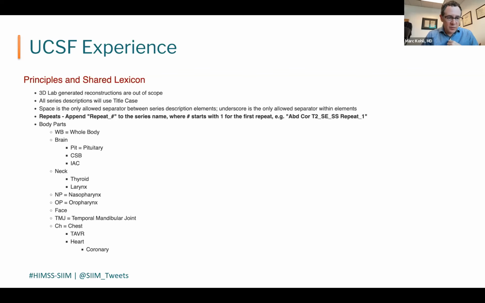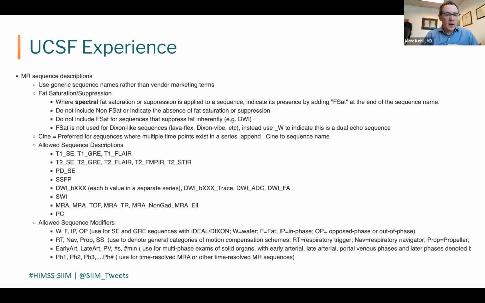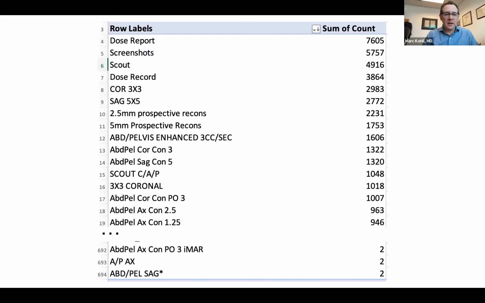And we also had created some vendor independent names for MRI sequences. There's a lot of detail that goes into this, and many of my colleagues will start talking about that in more detail. We did implement this when we went live with our new PACS about a year ago.